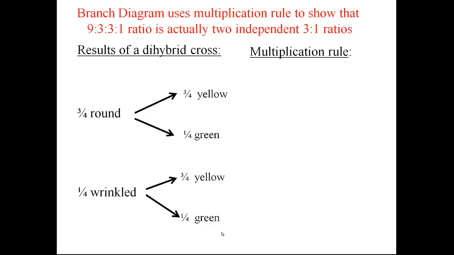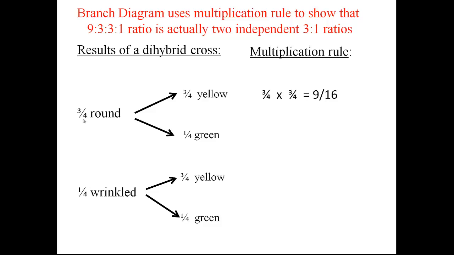Now, in order to solve this problem, using the multiplication rule, we just have to multiply through. So if we'd like to know the ratio of progeny that are both round and yellow, we're going to multiply through, multiply 3/4 times 3/4, and that's going to give us 9/16.